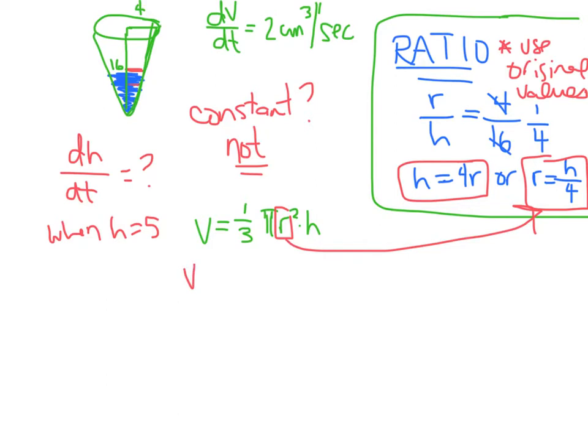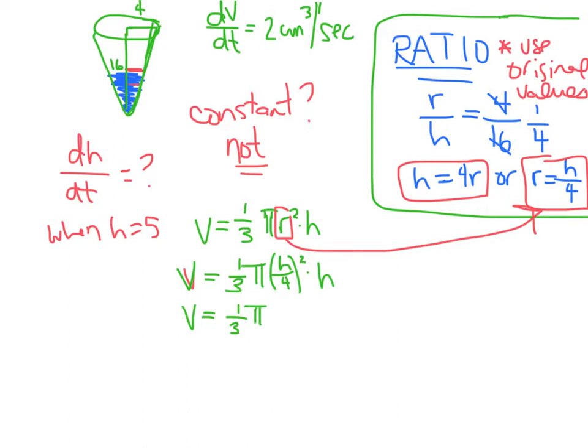So I'm going to write volume equals 1/3 pi. Instead of my r, I'm going to go ahead and put h over 4, and then squared, and then times your h that was already there. All right, so now we got to go ahead and clean this up. So volume is equal to 1/3 pi.